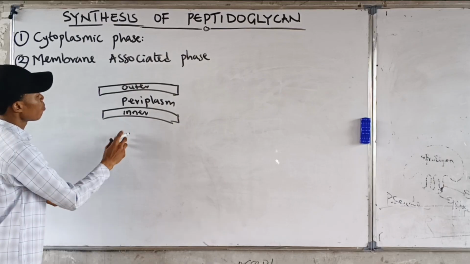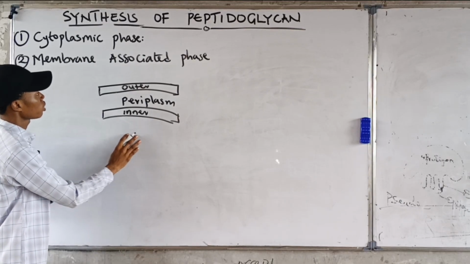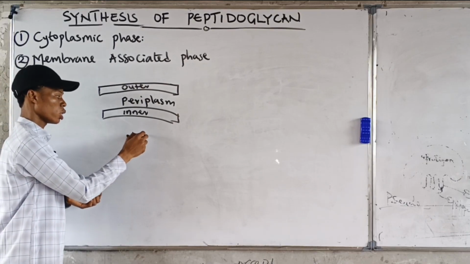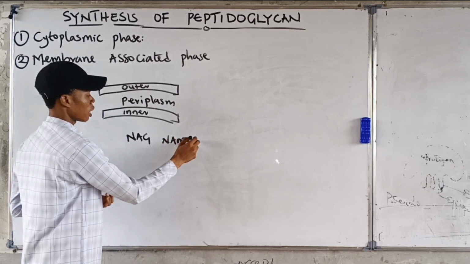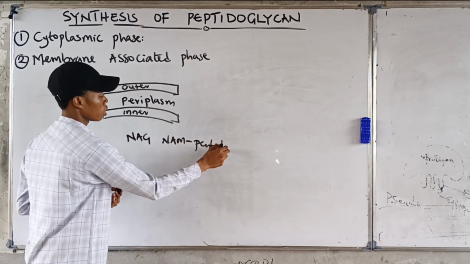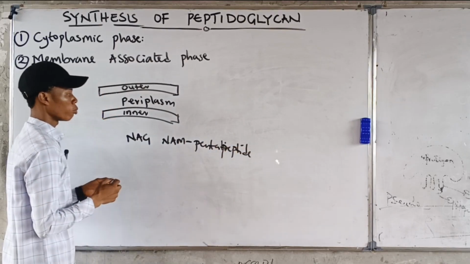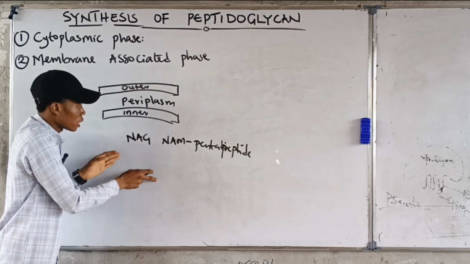Now, in this cell membrane, please listen attentively. In this cytoplasmic space here, we've synthesized our NAG, our NAM, and the pentapeptide complex has been formed. All these things are in the cytoplasmic space, in the cytoplasm.